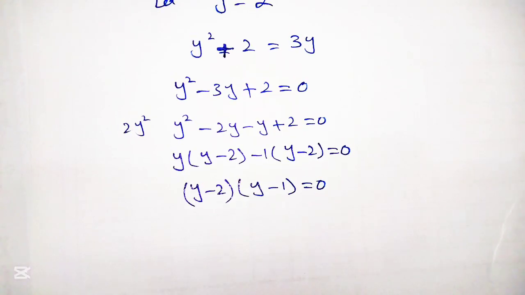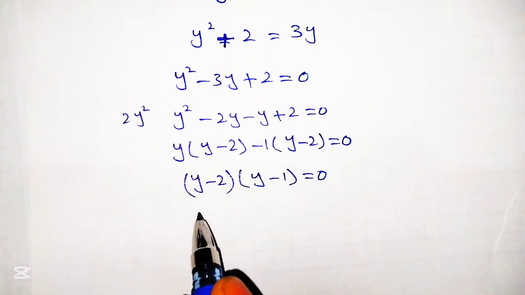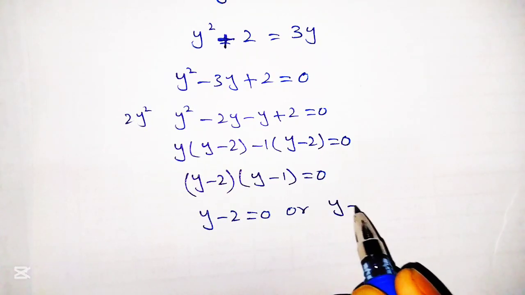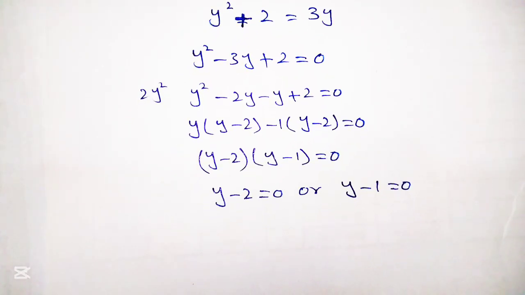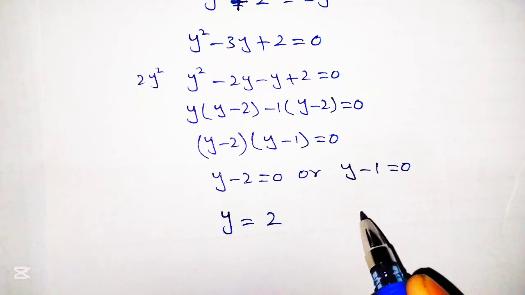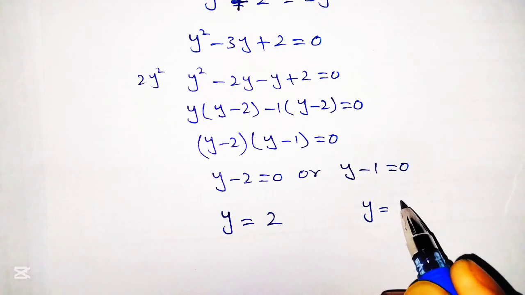Now from this we can write y minus 2 is equal to 0 or y minus 1 is equal to 0, and we find the value of y as y is equal to 2, and y is equal to 1.